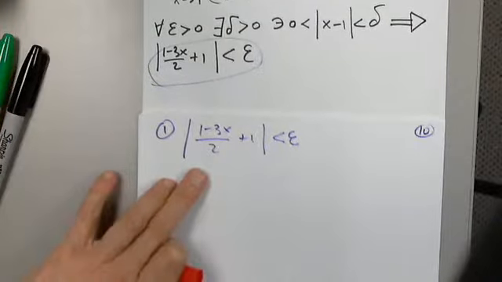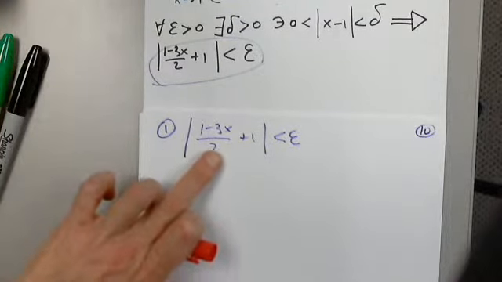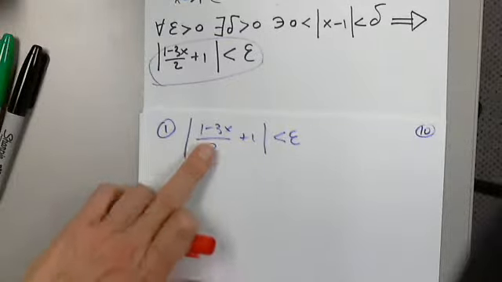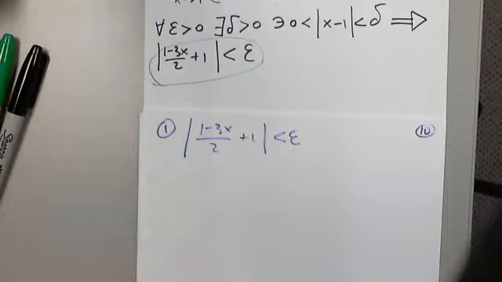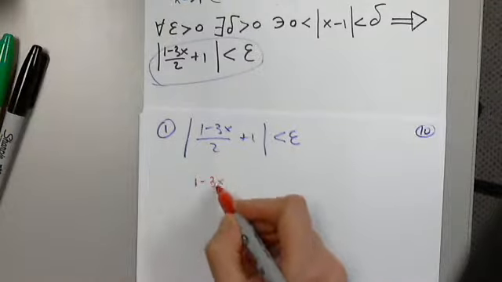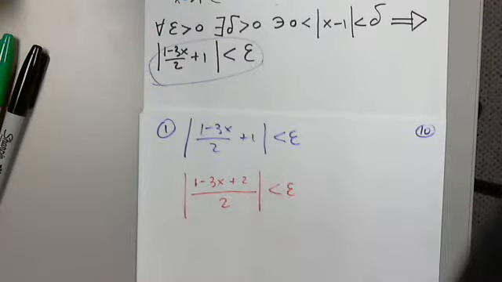What will be our first step? Apply the absolute value theorem. No, it's not a product or a ratio yet. It's a sum. We want to add the 1. So 1 minus 3x plus 2 over 2 in absolute value less than epsilon.